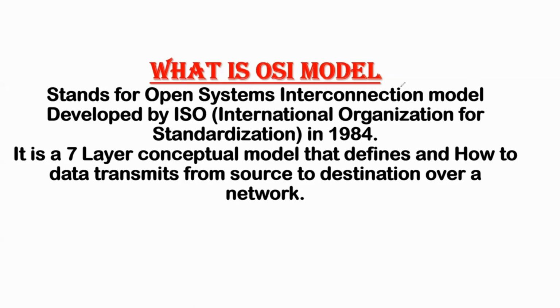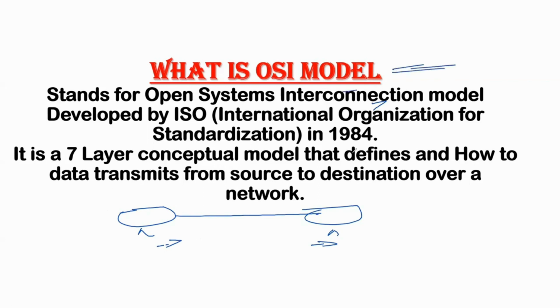The process of how data is transmitted from one system to another is totally written in the OSI model. Everything is a concept, and all the concepts are written under this model.